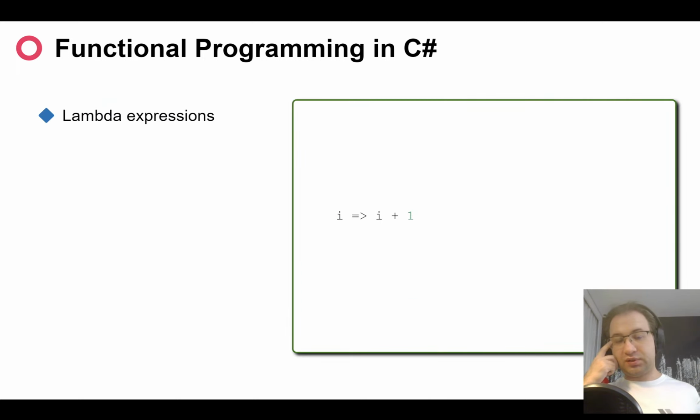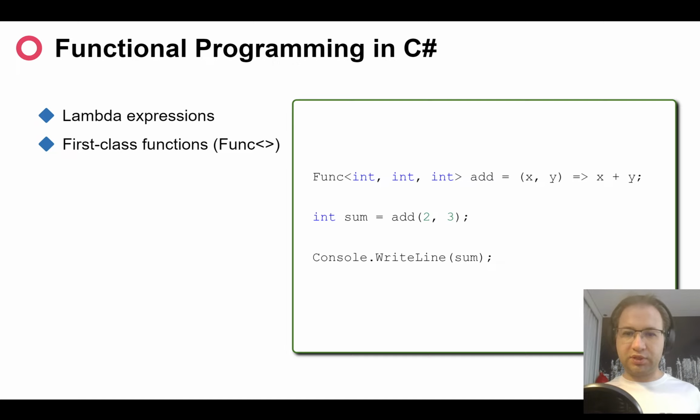Yeah, in C#, there are also lambda expressions. They look like this, and they support first-class functions with the Func class. It's kind of the same as std::function in C++. You can put lambdas, you can put other functions into it. C++ developers sometimes refer to this as delegates. Why not?